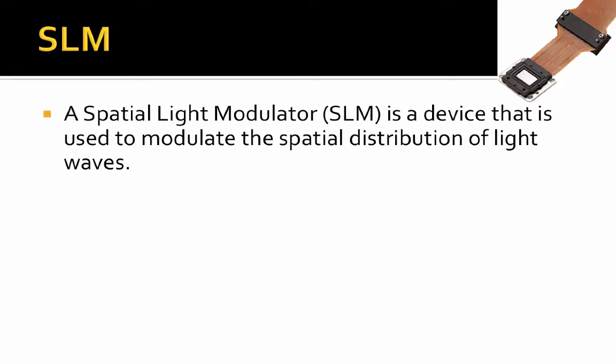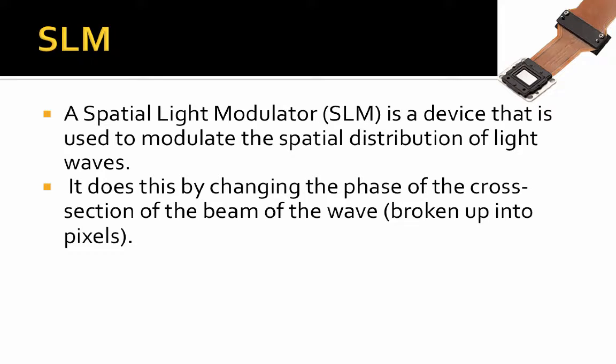Using the spatial light modulator, we can change parts of that mode. It does this by changing the phase, this is why we've talked about phase, of the cross-section of the beam. That's the part of the beam that's coming towards you. And the SLM is broken up into pixels, so it'll change each pixel of the wave, depending on how you program it.